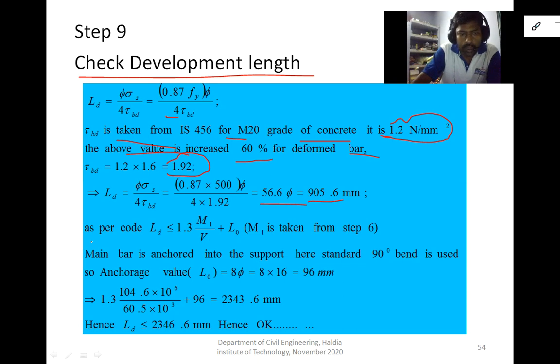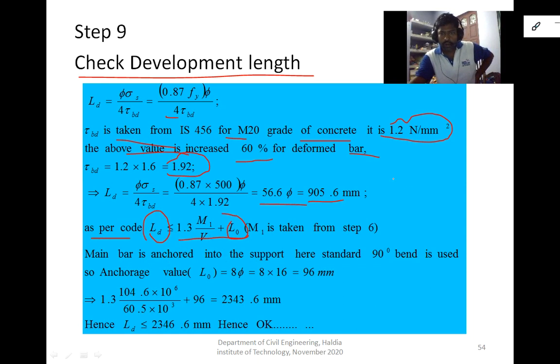As per code, this development length should be less than or equal to 1.3 M1 by V plus L0. Here L0 is called the anchorage value, the main bar is anchored into the support.